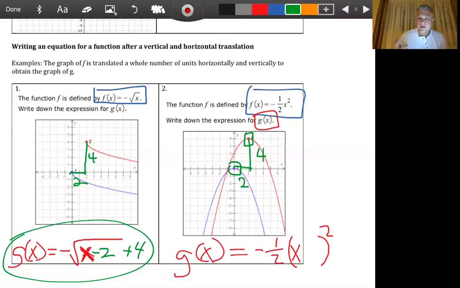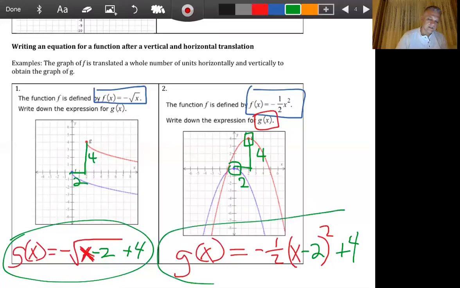So 2 to the right means we're going to go minus 2 with the x. That's 2 to the right. And then up 4 means we're going to go plus 4 outside of the parentheses or any grouping symbol that has an x. You're done.